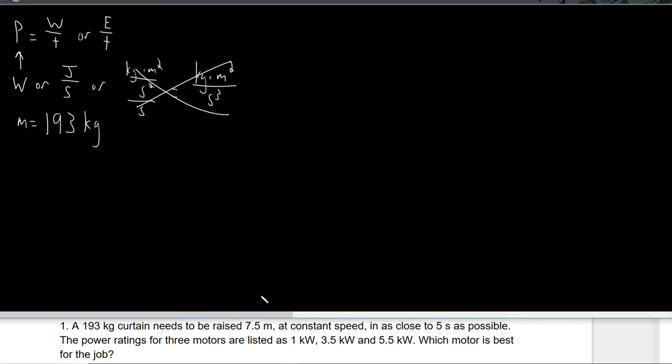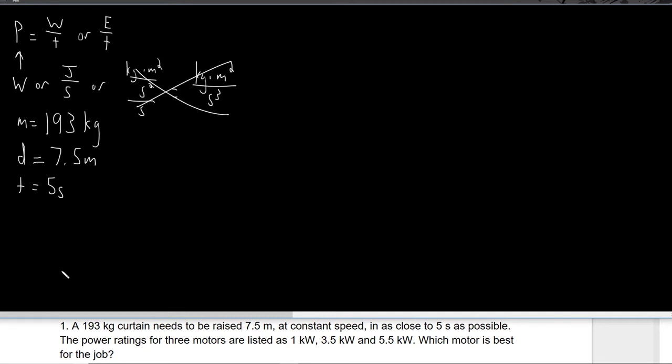And it needs to be raised 7.5 meters. I could call that distance or x or anything like that. Let's stick with distance here. So we've got a distance of 7.5 meters. The curtain needs to be raised that distance at constant speed in as close to 5 seconds as possible. So we have a time of 5 seconds.